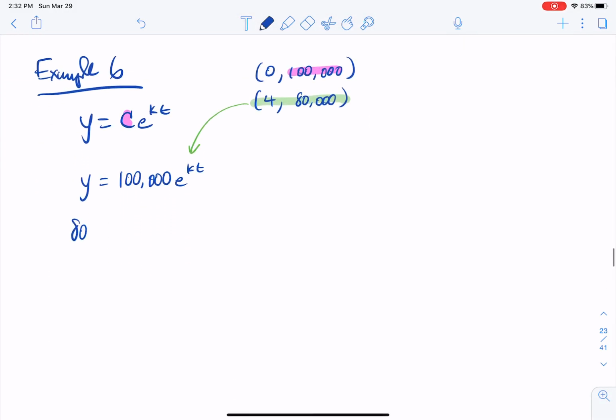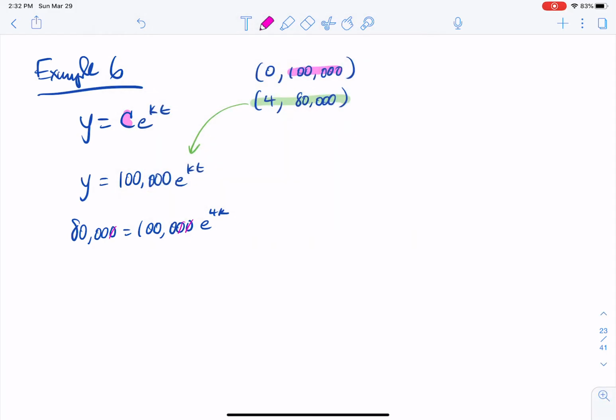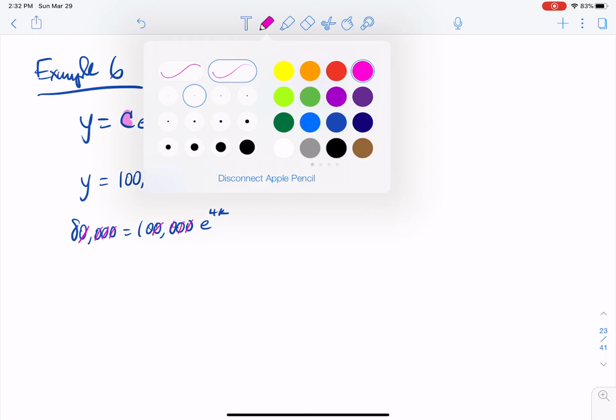So 80,000 is equal to 100,000 e to the k times 4. So I'll just write that as 4k. All right, and do yourself a little bit of canceling. These zeros cancel, as do these ones, and then we're left with dividing by 10.